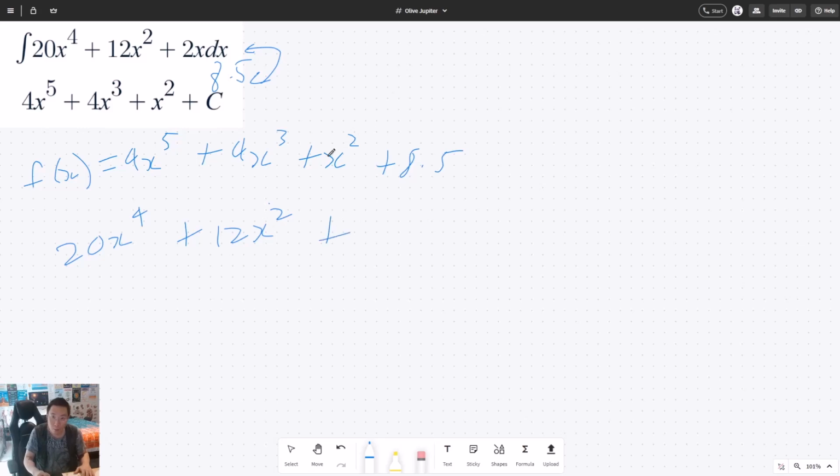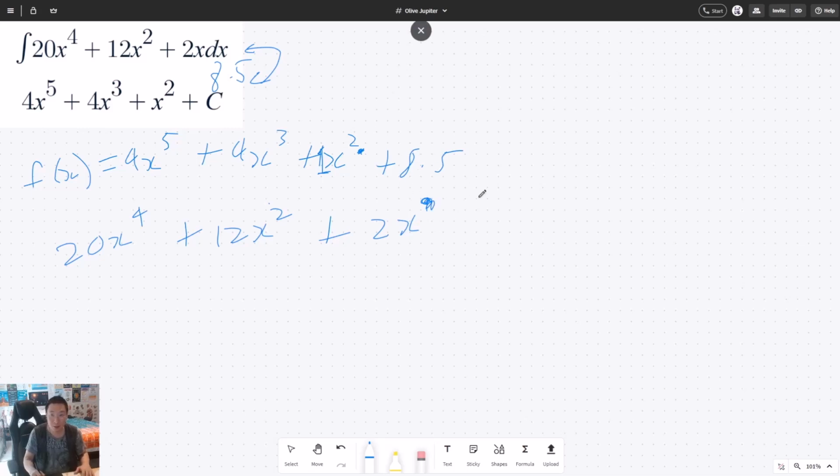Plus, we have a constant here of 1, so we do 2 times 1, which is 2x, and 2 minus 1 for the exponent is 1. We're not going to write the 1 because obviously it's assumed.